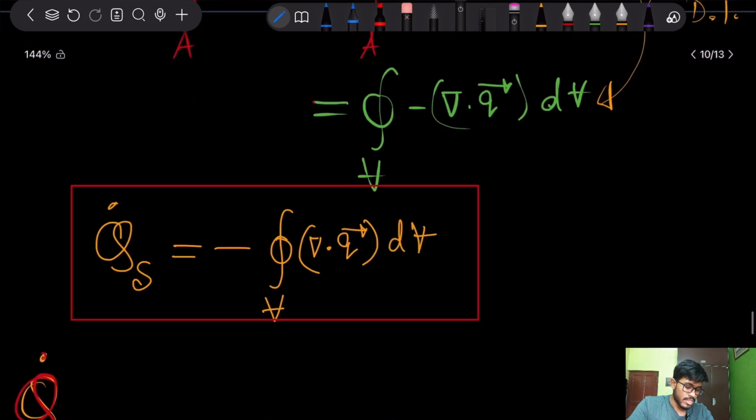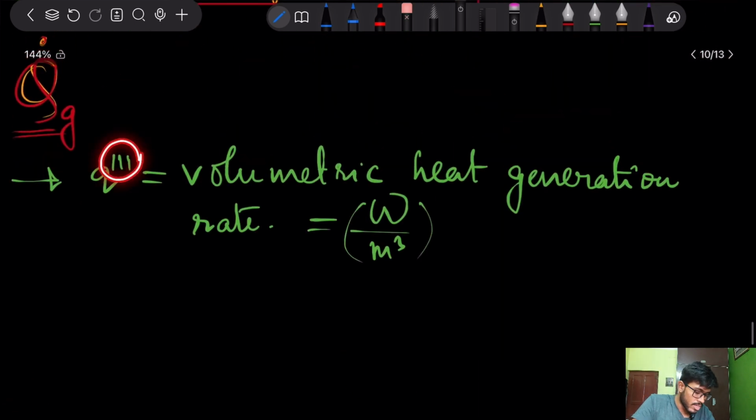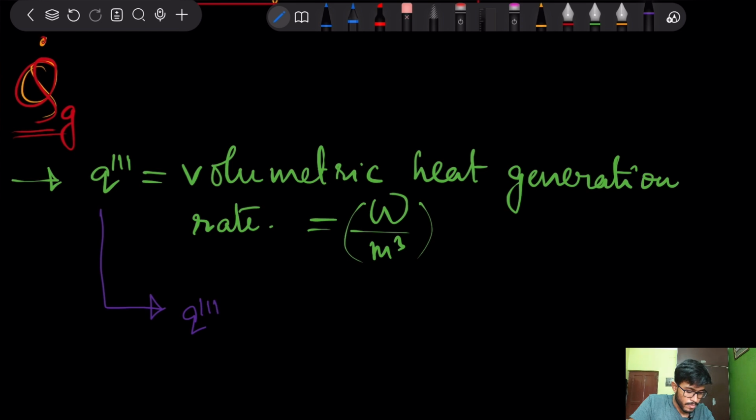Here it is meter cube, that is why it is q triple prime. So you have to tell me that this q triple prime is a function of which quantities.